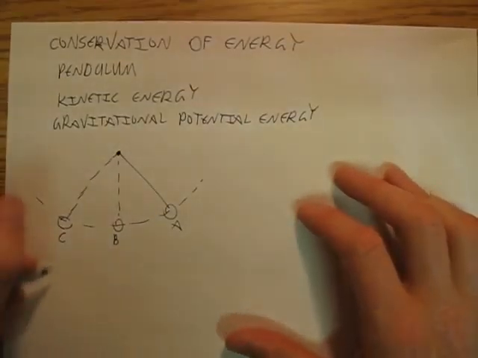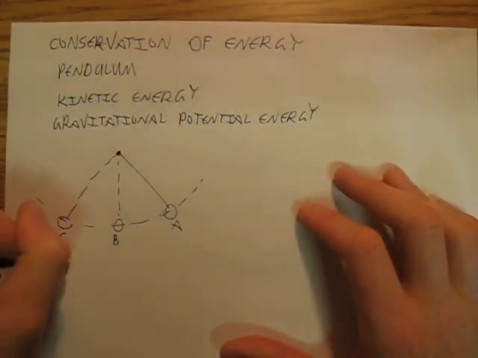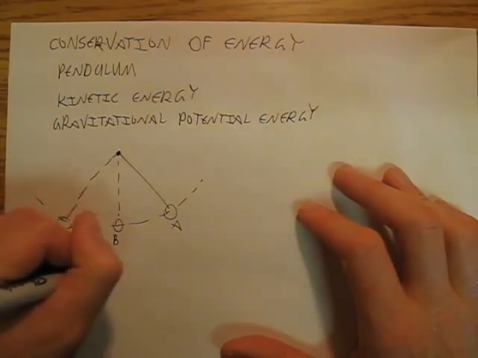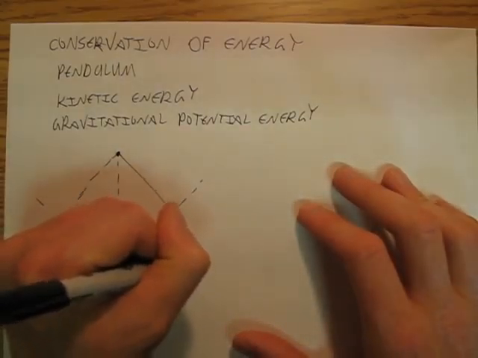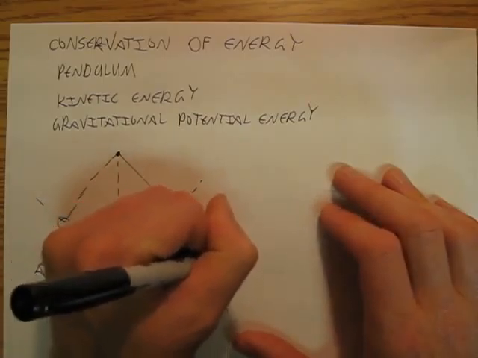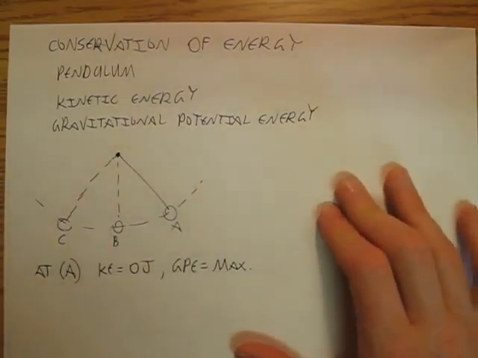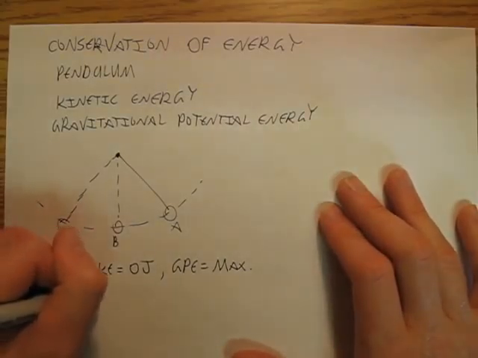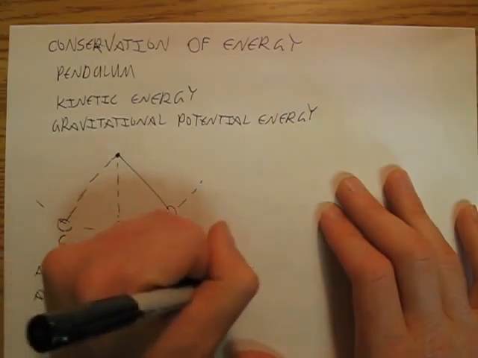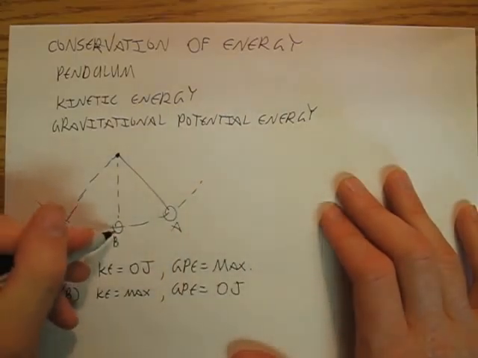Well, at A, the kinetic energy is 0 joules, and the gravitational potential energy is at a maximum. And then at B, the kinetic energy is at that max value, and the gravitational potential energy is 0 joules, because we're going to take this to be the bottom of the arc.